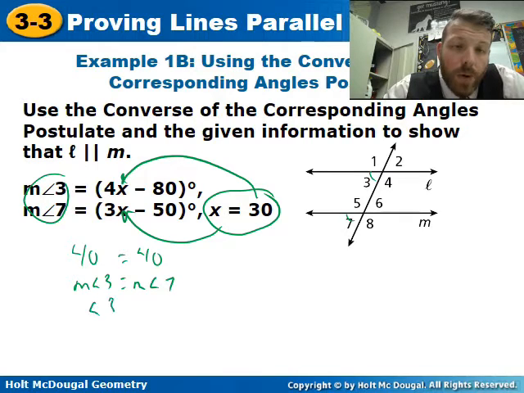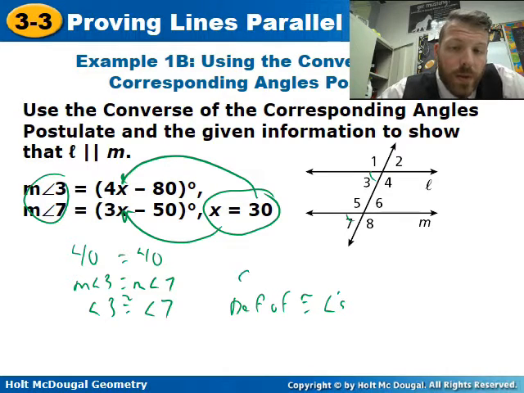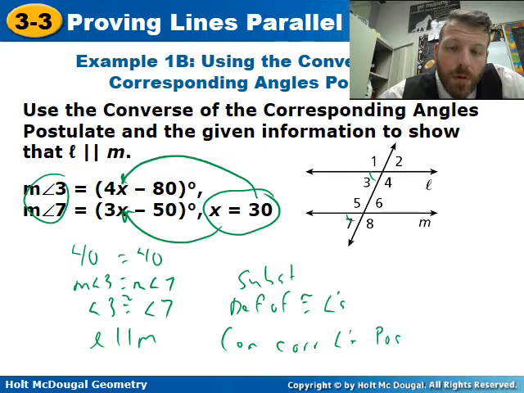Therefore, angle 3 is congruent to angle 7. This is substitution, because you're plugging it in, and this is the definition of congruent angles. And then finally, since these two angles are congruent, you can say that L is parallel to M because of the converse of the corresponding angles postulate.